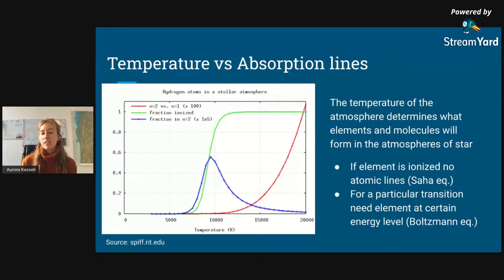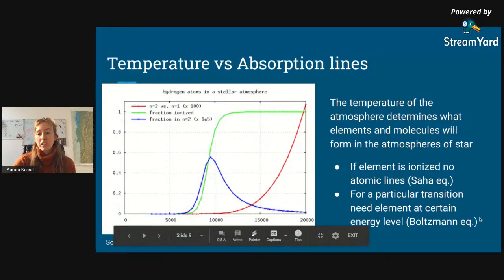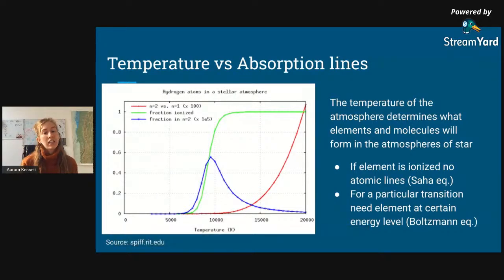If the element is ionized, then it's no longer going to have electronic transitions because it doesn't have the electrons. And then the Boltzmann equation is going to tell you what energy level the electron is in.